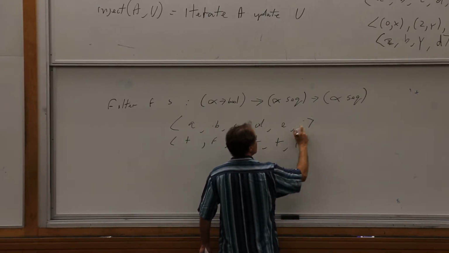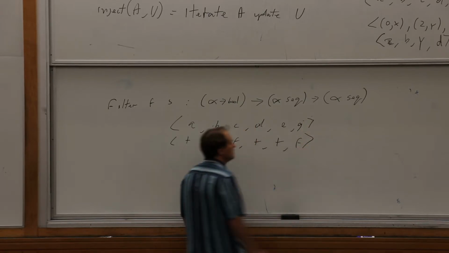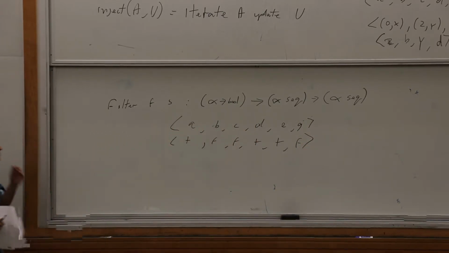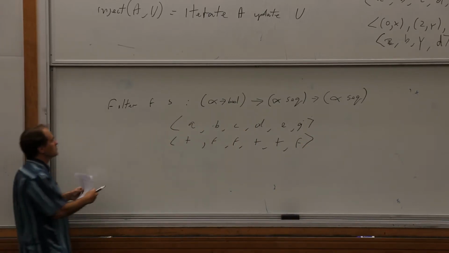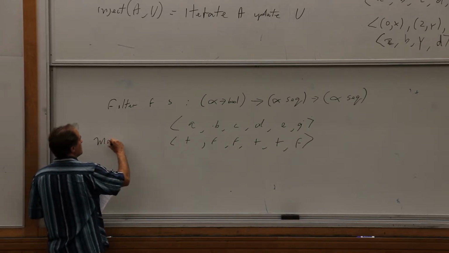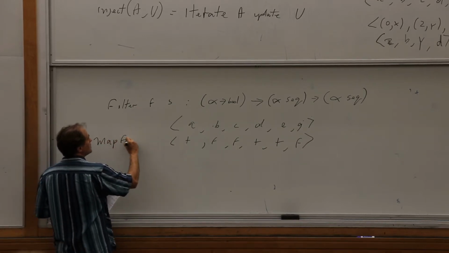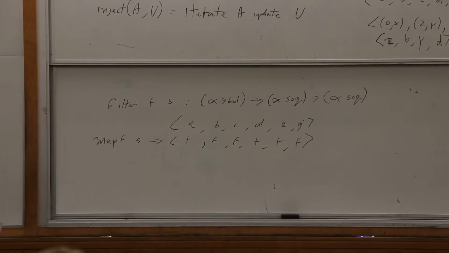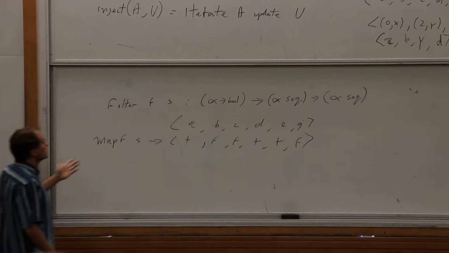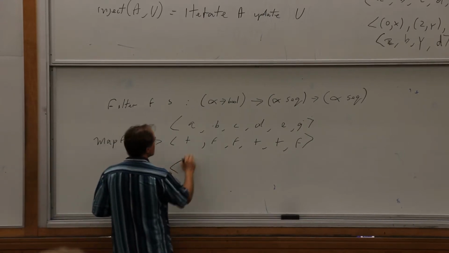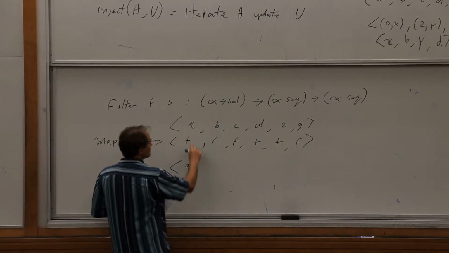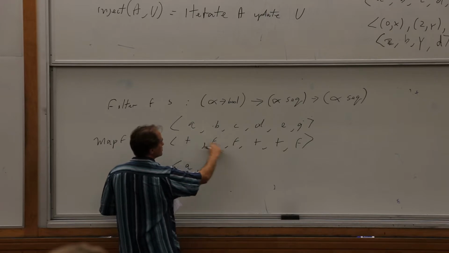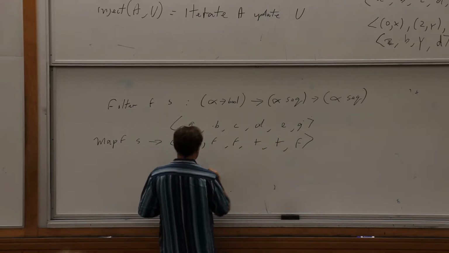Let me put a G here so I don't have two types of Fs. So that's just a map. So if I did a map of f on S, let's say that's what it would give me. And so I now want to take these elements, and my output is going to be only the elements which I care about, the ones which return true. So it's going to be A, D, and E in this case.